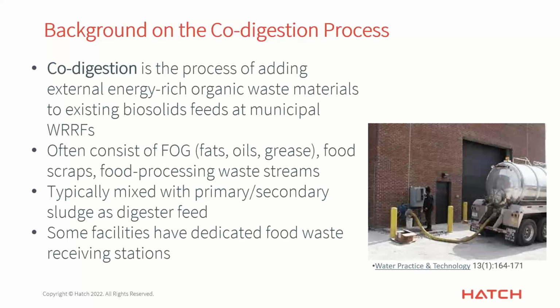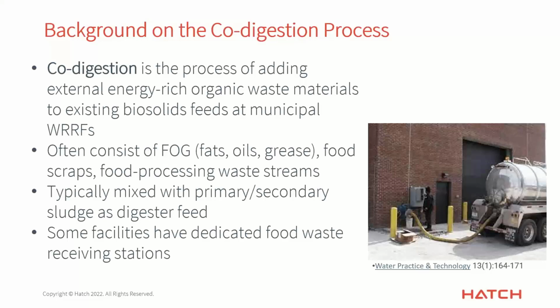So typically those high strength organic waste materials that are coming in consist of FOG, that's the conventional short form that we use, fats, oils, and grease, and also food scraps and other food processing waste streams. I've had a couple of projects in my career where we had to include that, such as one in particular that I found really interesting, where we were including a waste stream that was coming from a winery.